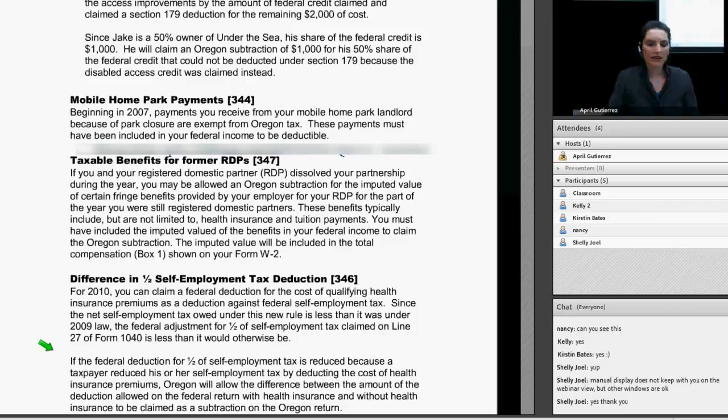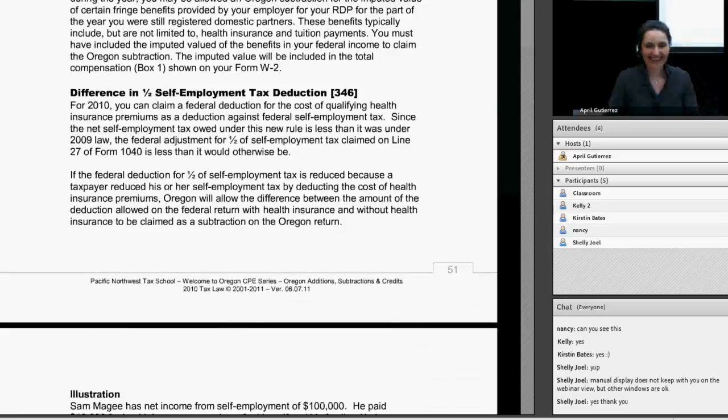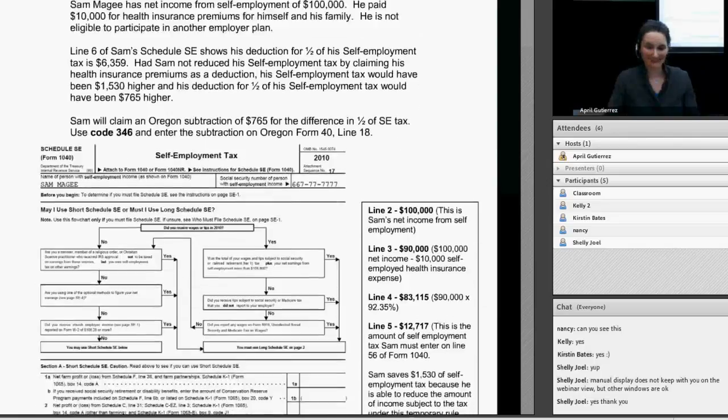If the federal deduction for 1/2 of self-employment tax is reduced because a taxpayer reduced his or her self-employment tax by deducting the cost of health insurance premiums, Oregon will allow the difference between the amount of deduction allowed on the federal return with health insurance and without health insurance to be claimed as a subtraction on Oregon. What? Okay, let's see what we mean by that.